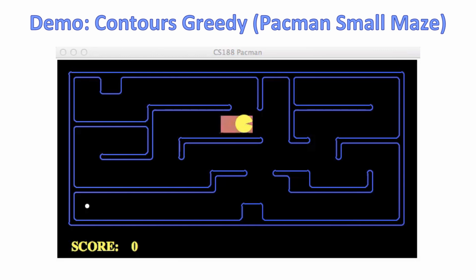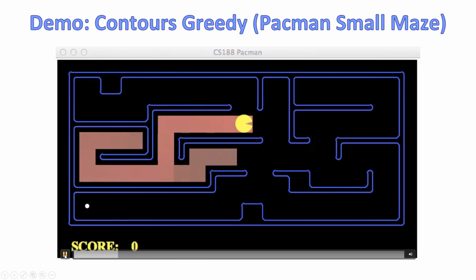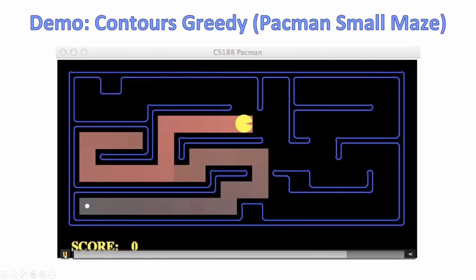When you see the block that is darker, that means that Pac-Man went through that state more than one time. So as you go over the state more than one time, it gets darker, and it will be light if you just went through that state just once. Okay, so let's see how Pac-Man will solve this problem here using greedy search.